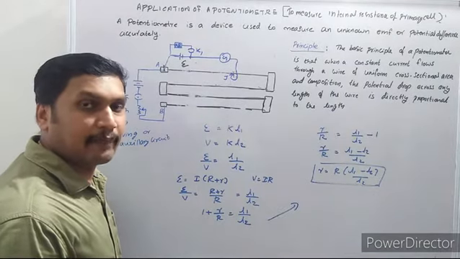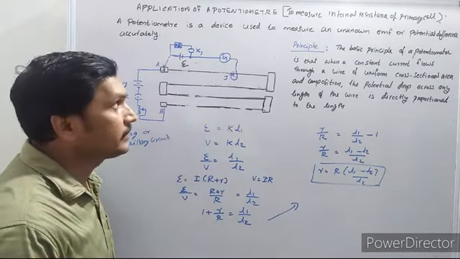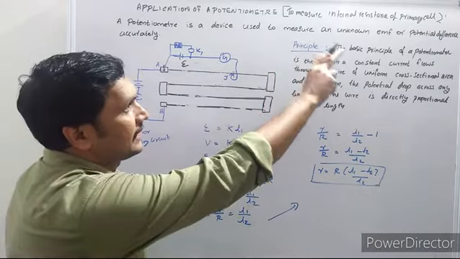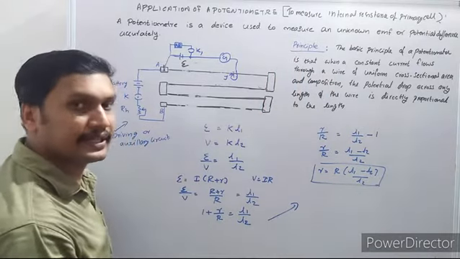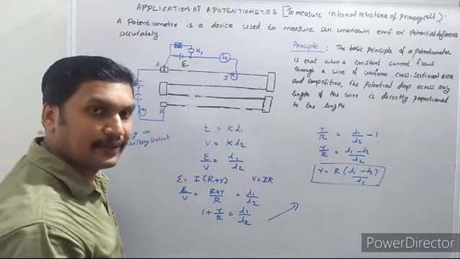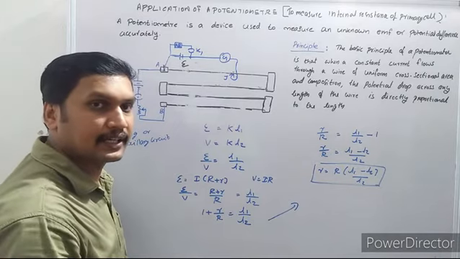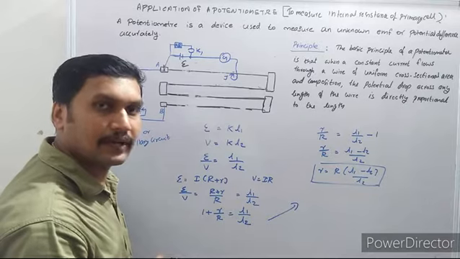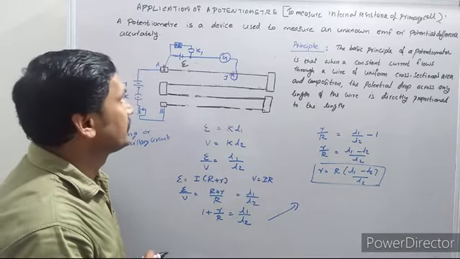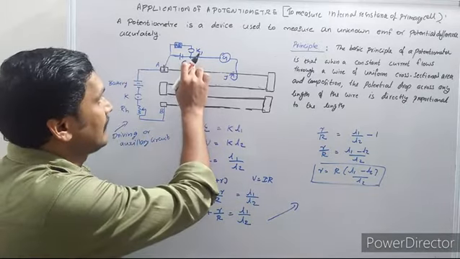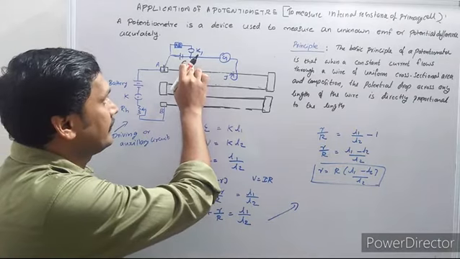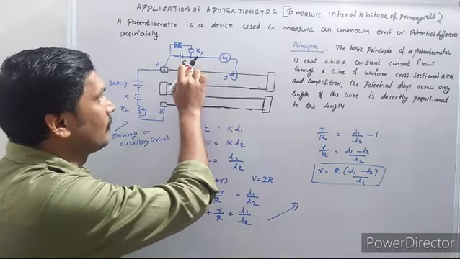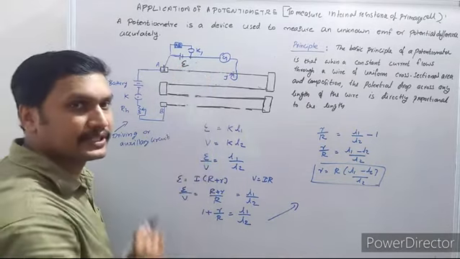Now see another application of the potentiometer: to measure the internal resistance of a primary cell. We know that every cell has an internal resistance, that is the resistance offered by the electrolyte of that cell. Here we have a primary cell having EMF E. We want to find the internal resistance of that cell.